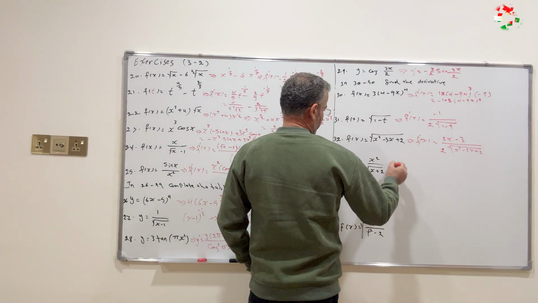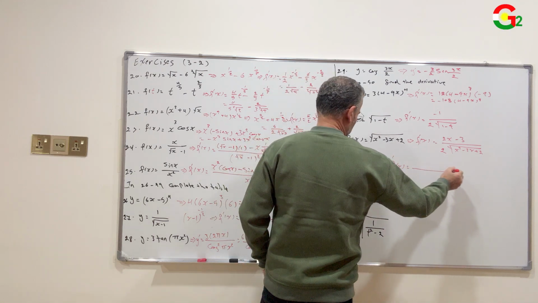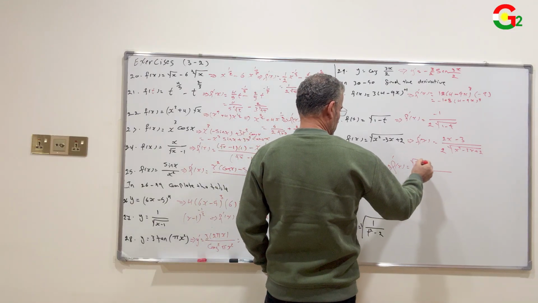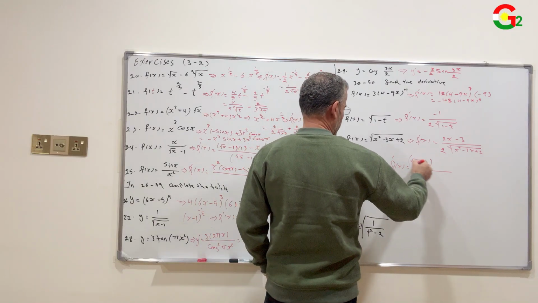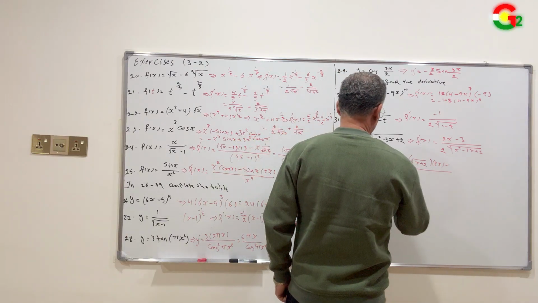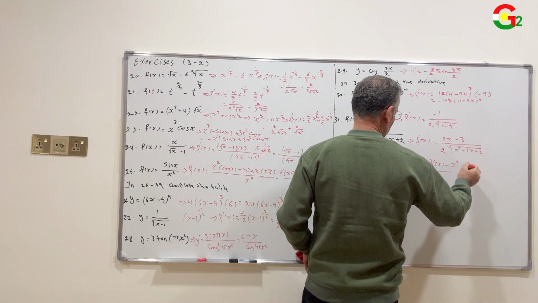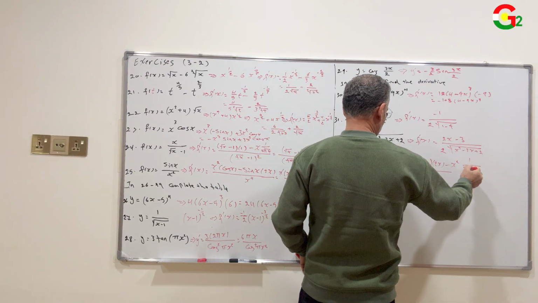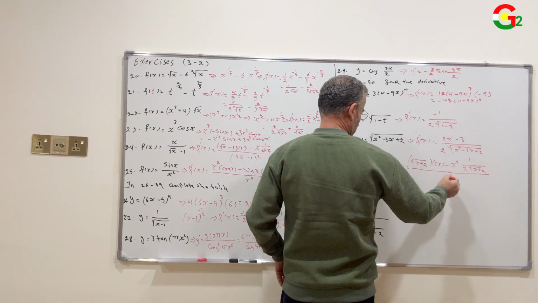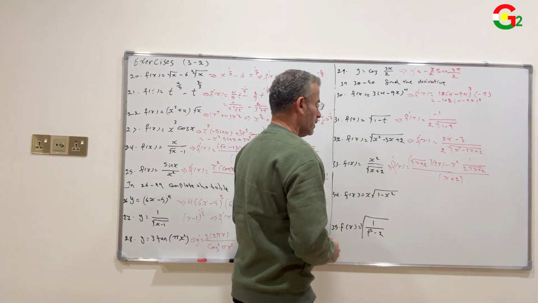Apply the quotient rule for the division of two functions: f prime of x equals square root of x plus 2 times the derivative of the numerator, 2x, minus the numerator x power 2 times the derivative of the denominator, 1 over 2 square root of x plus 2, over the square root of x plus 2 squared, which is x plus 2.